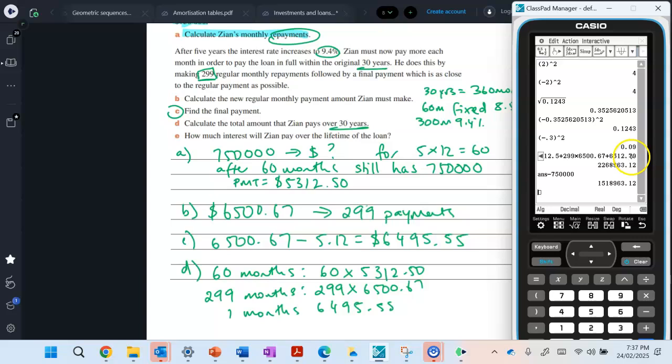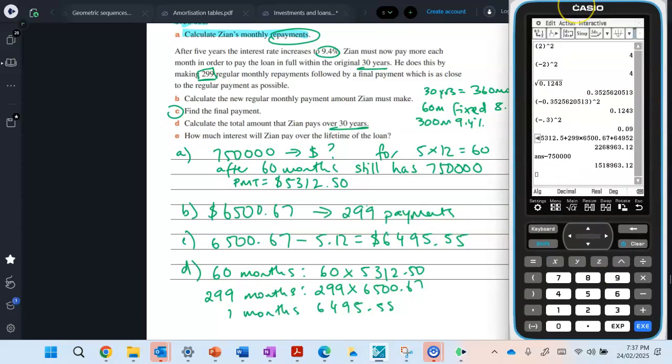So everything was correct except for my final payment because I added it when I should have subtracted it. So that should be 6,495, whoops, not 2.55. All right, and you can see it's changed those 2 values.